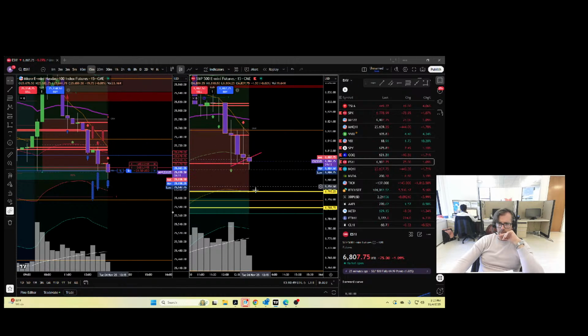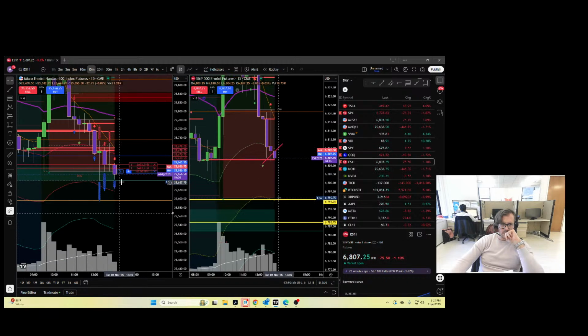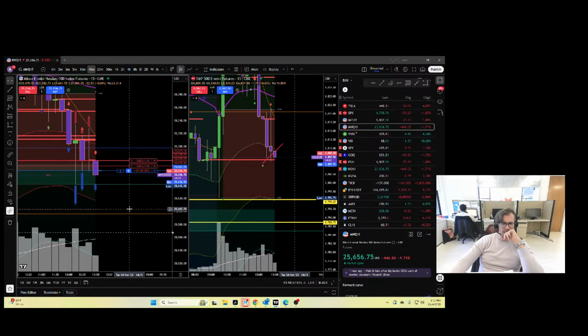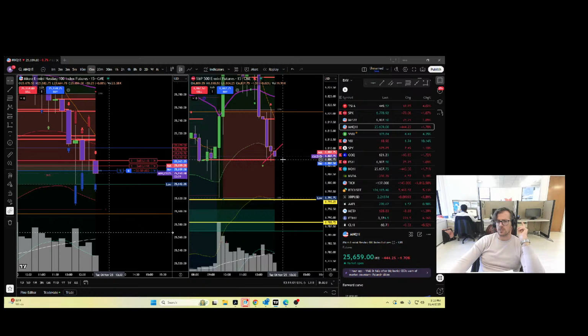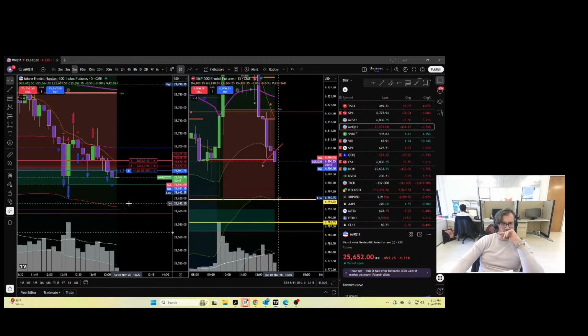Opening range high, opening range low. To me, it's looking more bullish now for this. It doesn't look bullish, but it looks like it's flattening. That's not good on a 5.